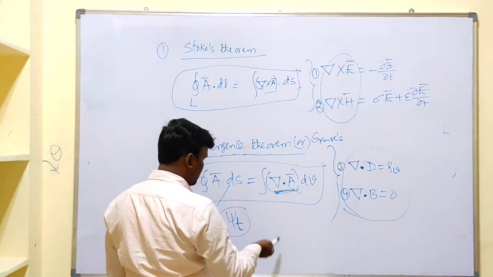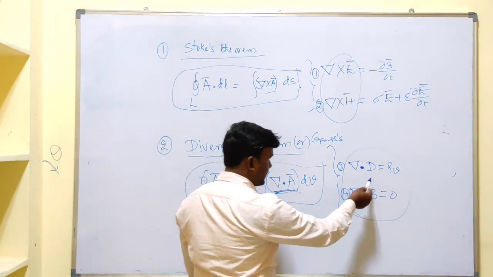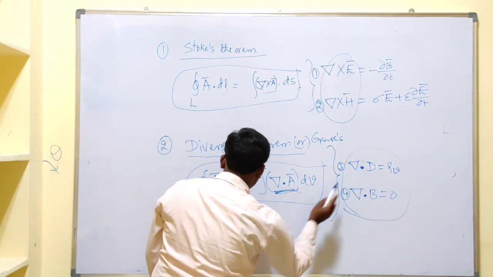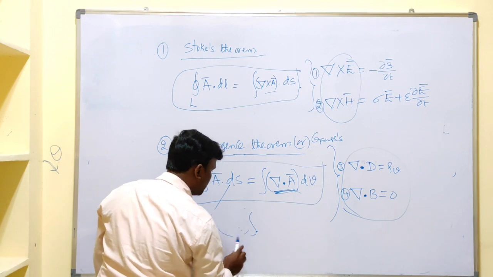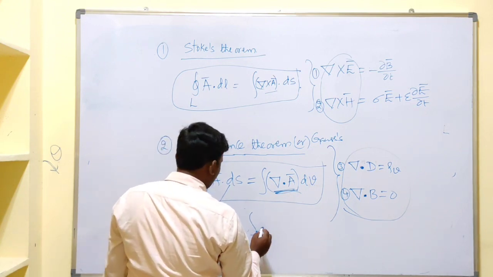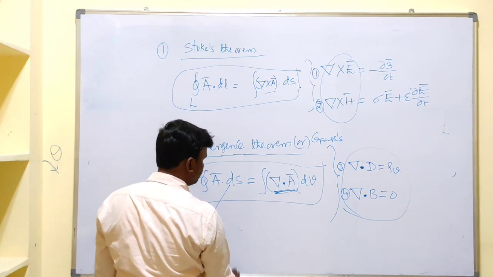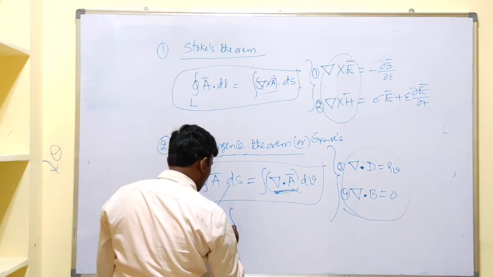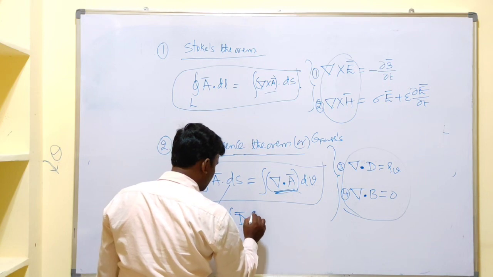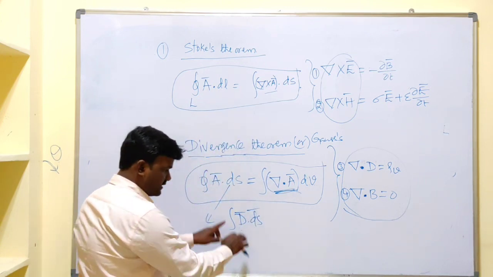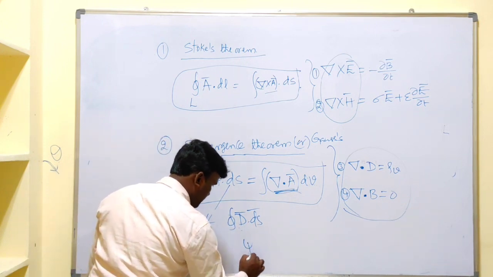Of course, generally here you can apply this condition to the third equation. I can write this one as the integral of D dot dS. So it is the total flux density on this side.